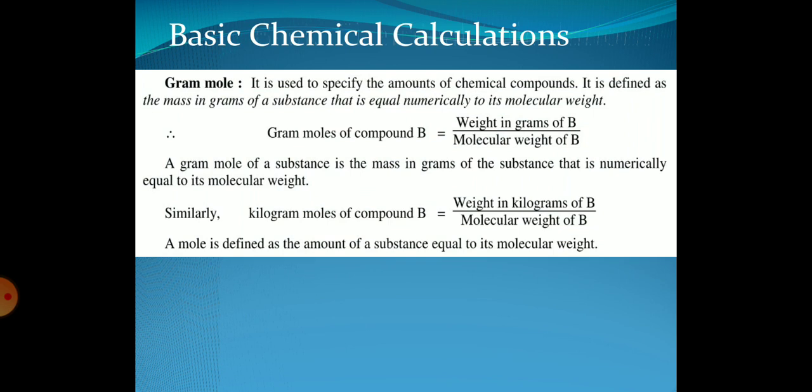It is defined as the mass in grams of a substance that is numerically equal to its molecular weight, and is given by gram moles of compound B equal to weight in grams of compound B divided by molecular weight of compound B. Now consider the compound NaOH, and if we take 40 grams of NaOH and want to find gram moles of NaOH, it will be weight in grams of NaOH, that is 40 grams, divided by molecular weight of NaOH, that is 40.